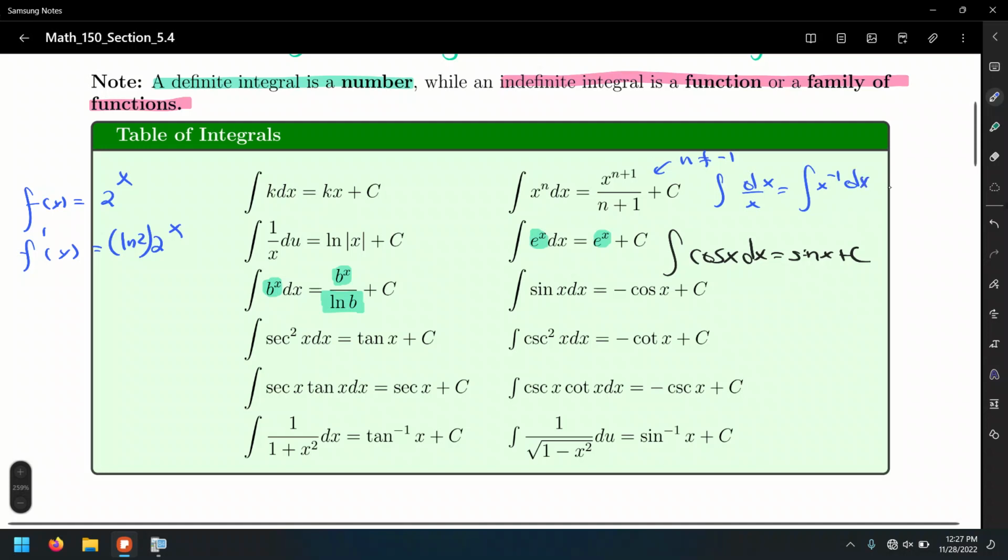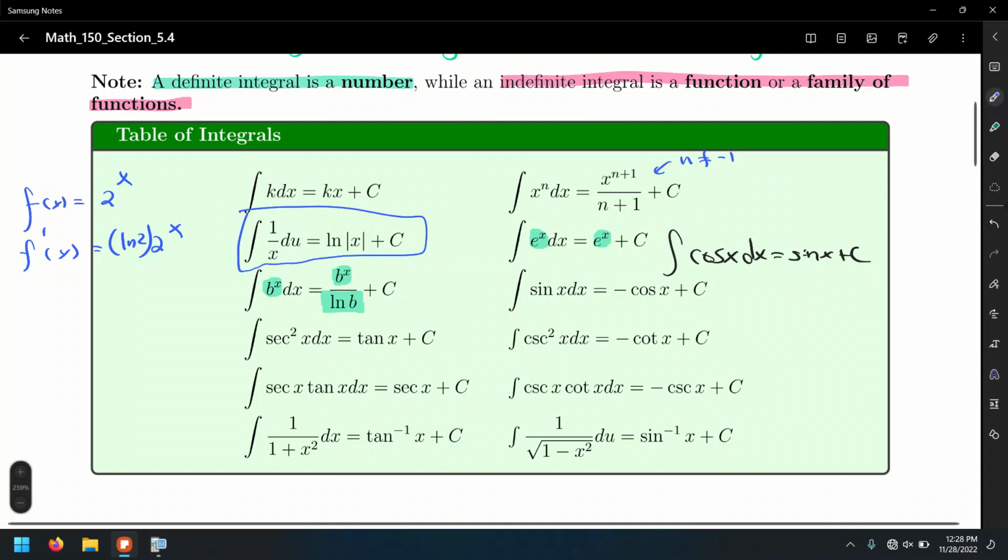If you use this formula right here, you will get x to the -1 plus 1 over -1 plus 1. That's going to be x to the 0 power over 0. And well, we have issues with that one, right? So we cannot use it; we have a standalone formula for this situation. And that's just because the derivative of natural log is 1 over x, all right?